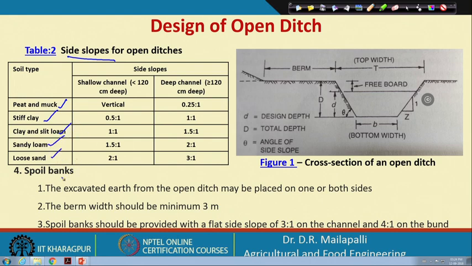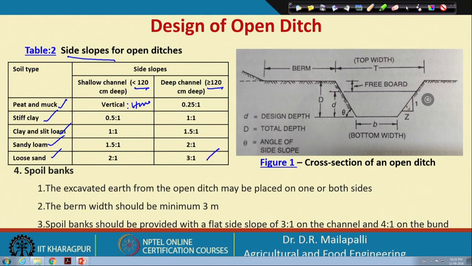For all these soil types, suppose you are planning for shallow channels, that is less than 120 centimeter deep, or deep channels, greater than or equal to 120 centimeter deep. The vertical and horizontal slopes are 0.1:1, 1:1, 1.1:1, 2:1 for the different soil types. Similarly, you can find the side slopes for deep channels.